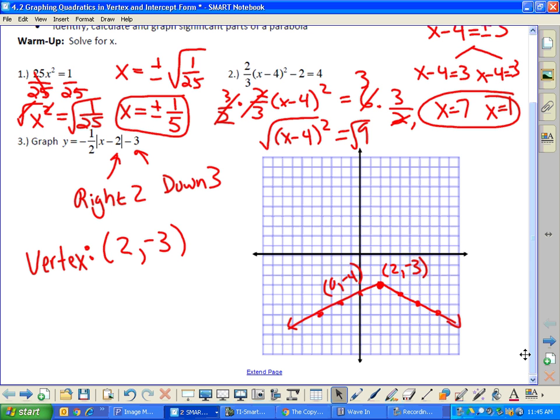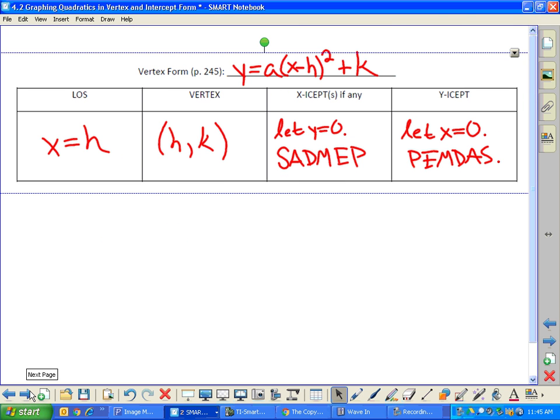All right, so we have 2 forms left for a parabola. One is vertex form, and it's a whole lot like vertex form for your absolute value functions. Do you see how similar? There's even an A, H, and K again. That x minus h, that h value tells you how far your graph is going to move to the right or to the left.